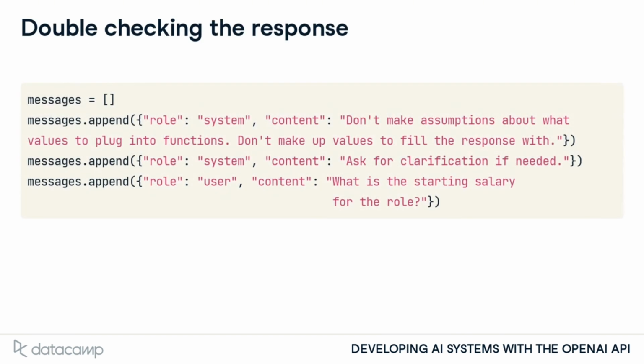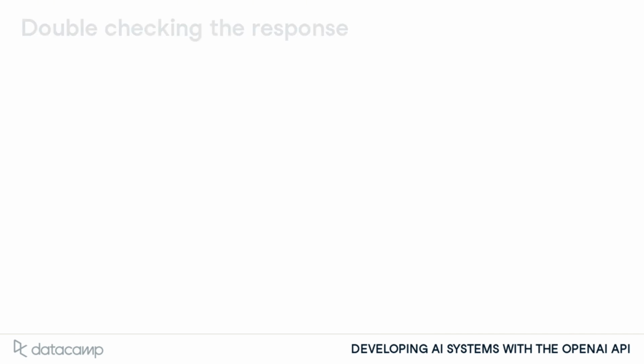When setting specific functions, the model can make assumptions about values to assign, even if they are not present in the message. To avoid this behavior, a good strategy is to use the system message to communicate this to the model. Before specifying the user message, for example, we could write a couple of system messages asking not to make any assumptions and to ask for clarification if needed, such as the ones shown.